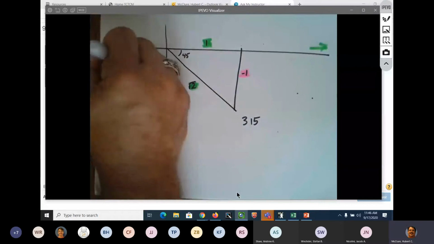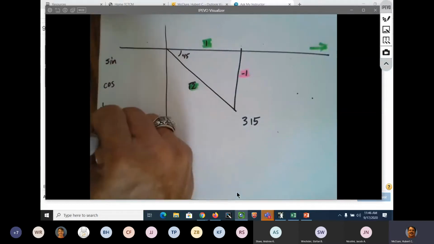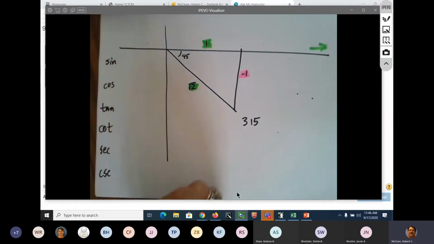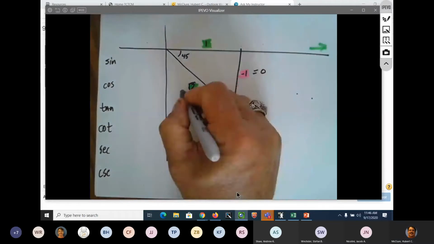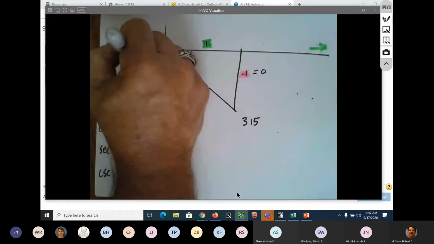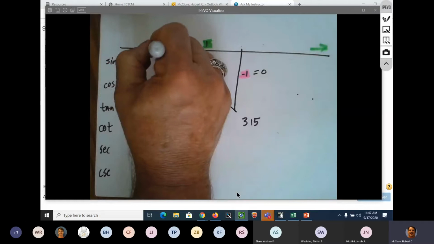Sine, cosine, tangent, cotangent, secant, cosecant. Sine is -1 over the square root of 2, which is equal to negative square root of 2 over 2.